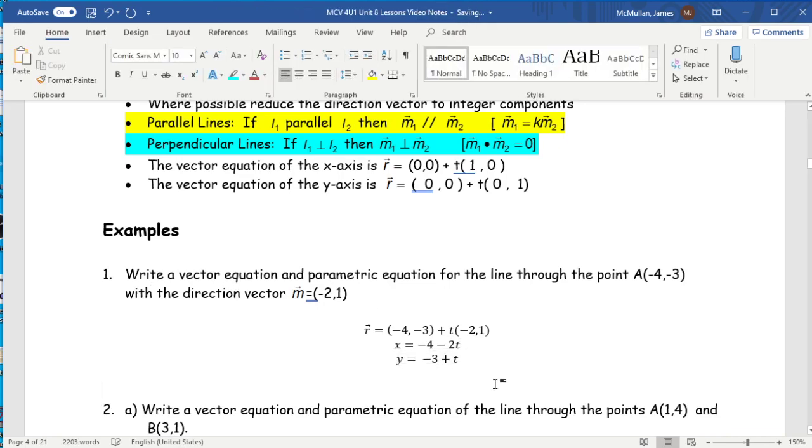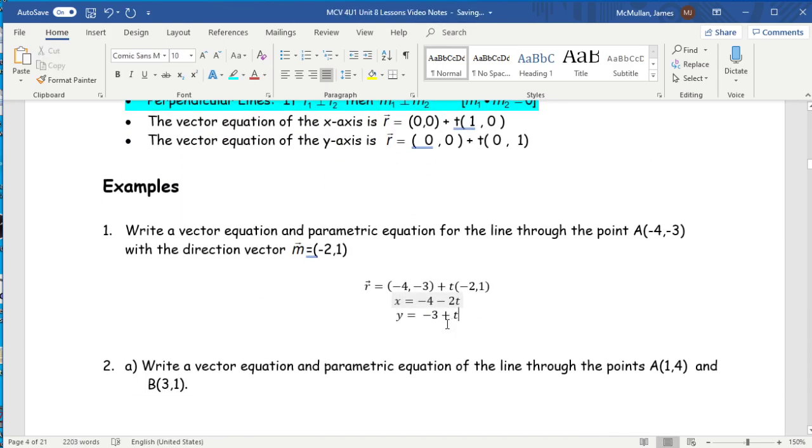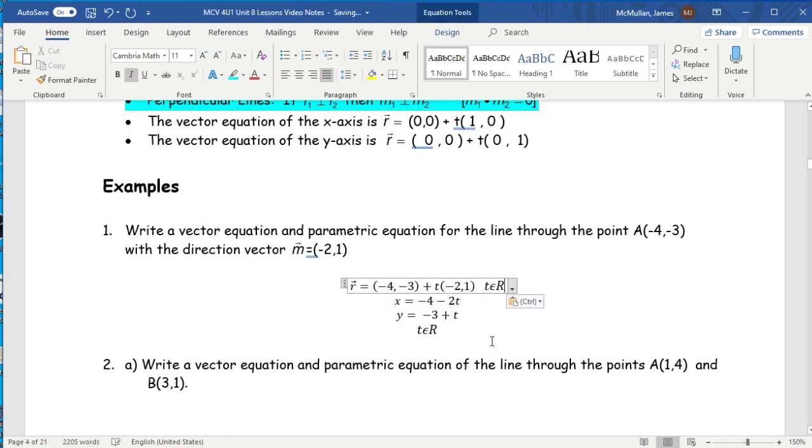And in all of the above, t is an element of real numbers, for both of them in either case. So there's vector form and there's parametric form. Very, very easy. That's all you need to do. It's just about remembering where the parts go.